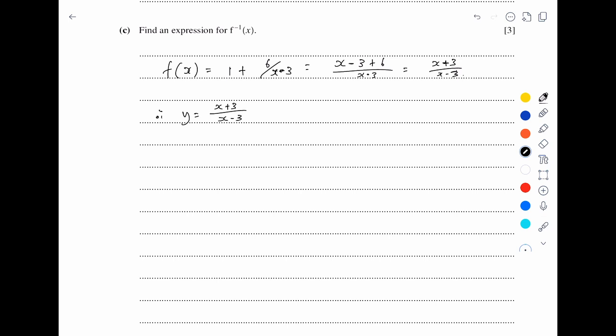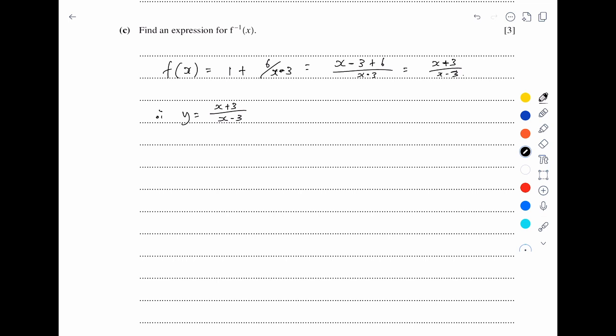This just means that y is equal to x plus 3 over x minus 3. So what's the neat trick to find the inverse? It's actually quite simple. All we have to do is make x the subject first, and then reverse the roles, i.e. put y as x and x as y.